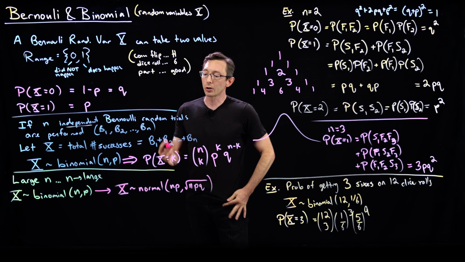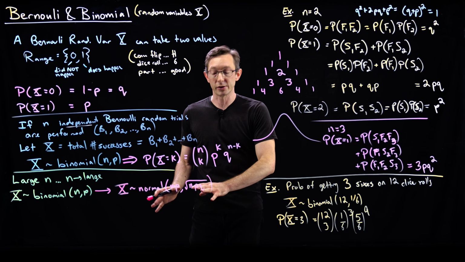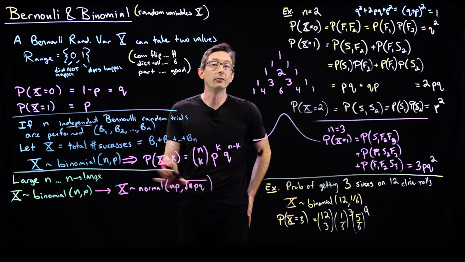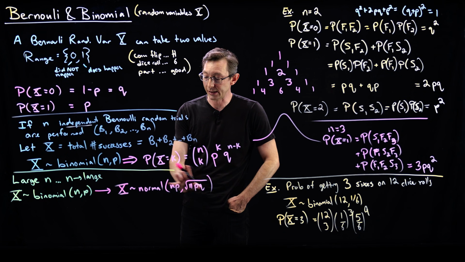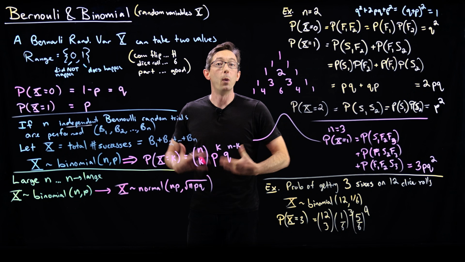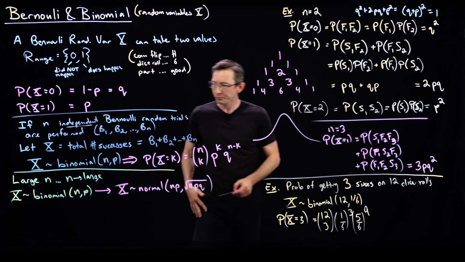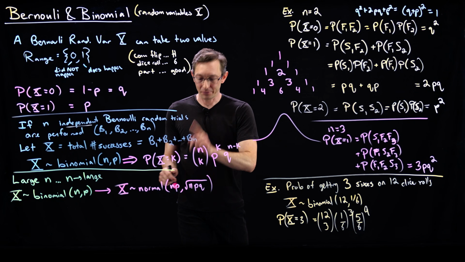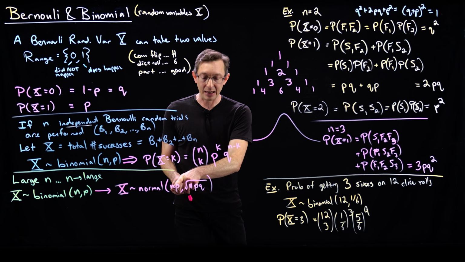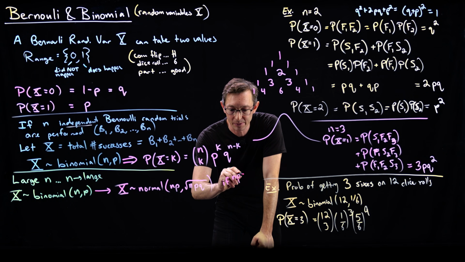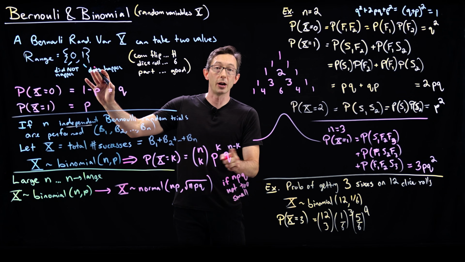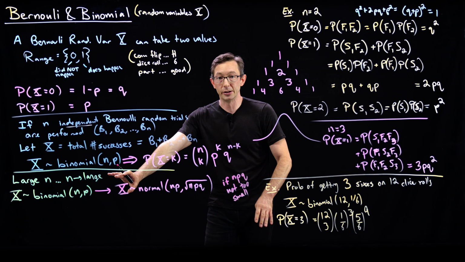Okay, so for large n, this starts to look like a normal distribution, which is really convenient to calculate with. We're really good at doing math on normal distributions, and we know a lot about these. They're really well-behaved distributions. So that's if n times p times q is not too small. So success and failure are not too rare, then this is absolutely going to be true.